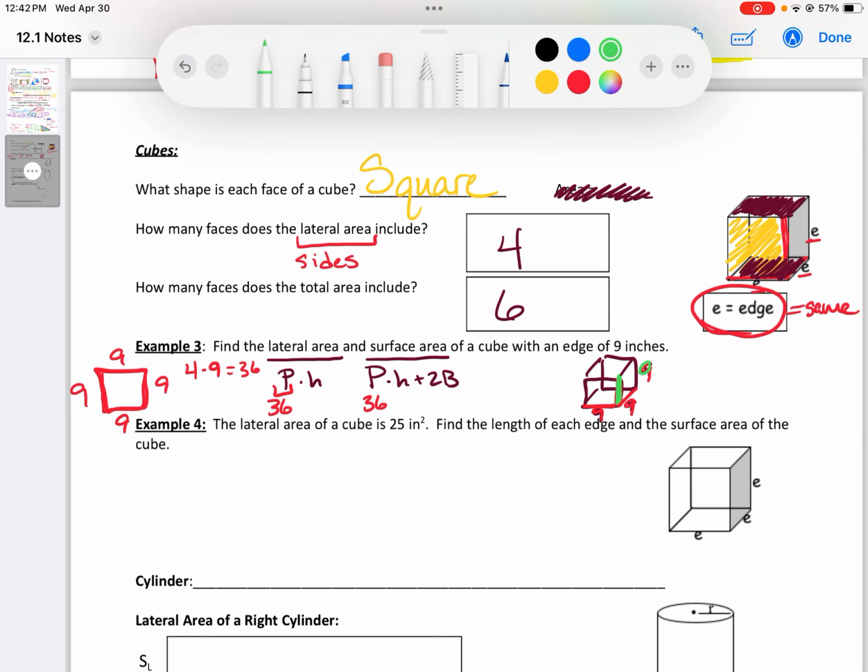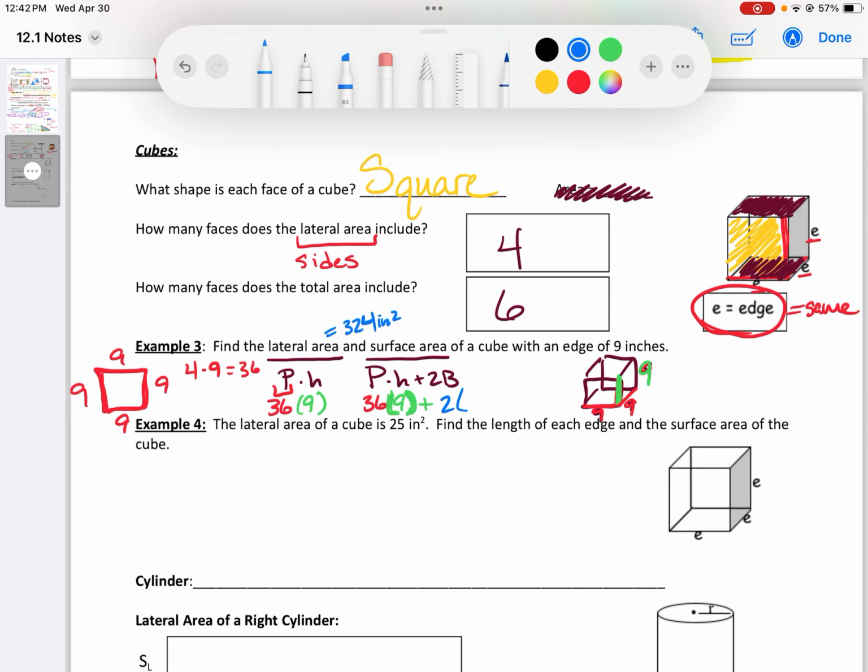My height, since this is a square, is also going to be 9 because all my sides are the same. So 36 times 9 is going to be my lateral area. 36 times 9 gives me 324. So lateral area equals 324 inches squared.